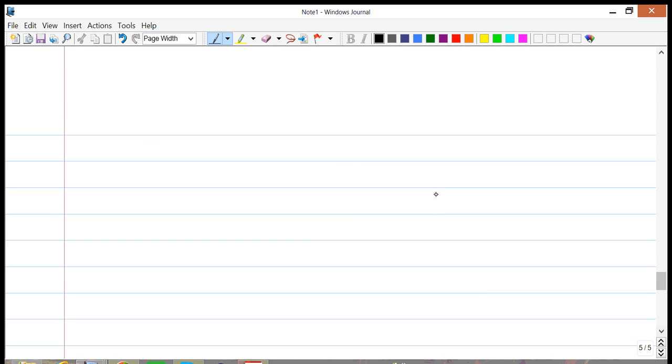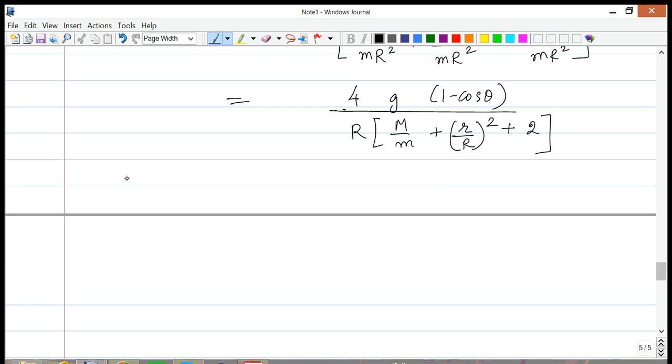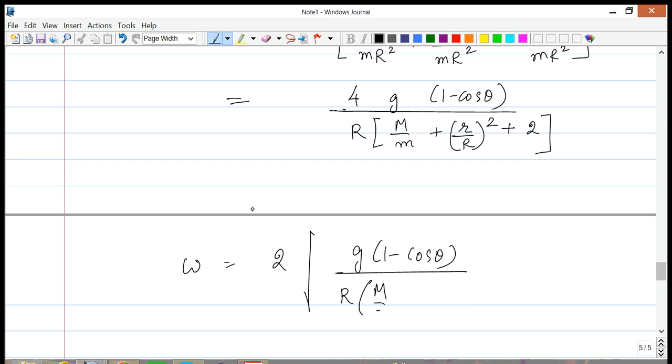So this gives me my omega. My omega is the square root of all this, so it becomes 2 times the square root of g times 1 minus cosine of theta over R times m over m plus r over R squared plus 2.